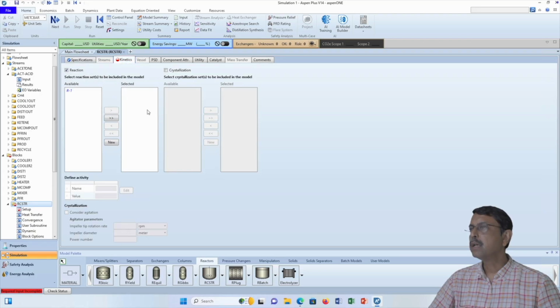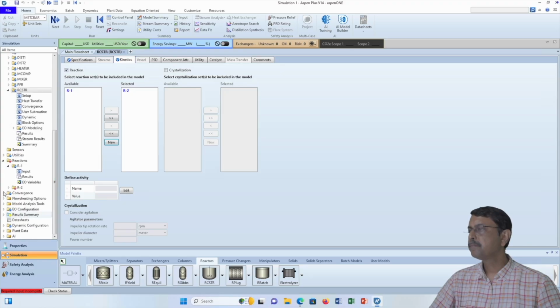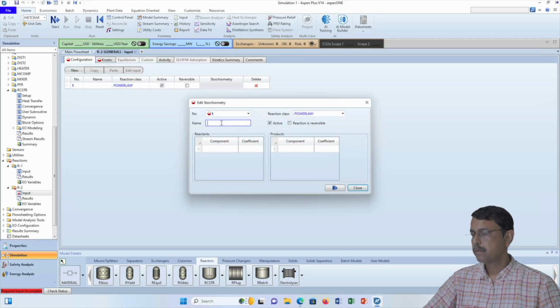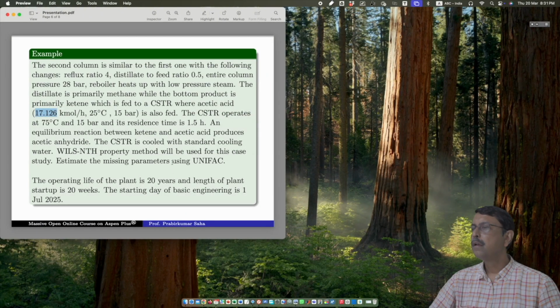Now go to the kinetics. We have to use a new equation, and the new equation we have to identify as an equilibrium reaction between ketene and acetic acid produces acetic anhydride.